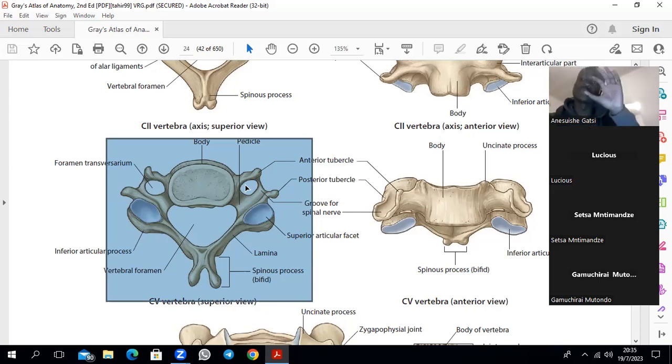Just know Hangman's fracture C2, Jefferson's fracture C1. One would assume that Hangman's fracture is where the fracture happens when you are hanged. It's both true and false. This is when you are hanged professionally by a professional, not when you just go below your mother's tree and hang yourself. But yes, that's what happens.